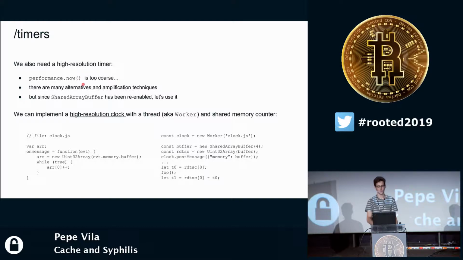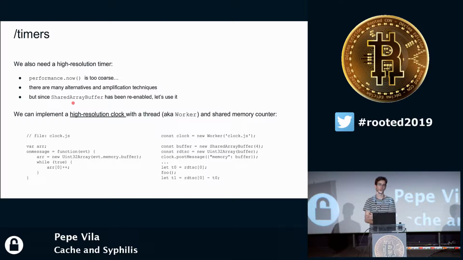High resolution time we had before, but as a result of this kind of attack, it has been reduced. Instead of that, there are amplification techniques. So you have a counter or clock to amplify the precision of the clock, and you can make tricks to get to the difference.